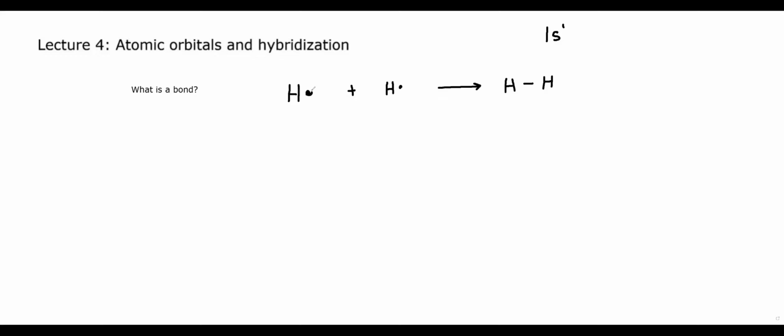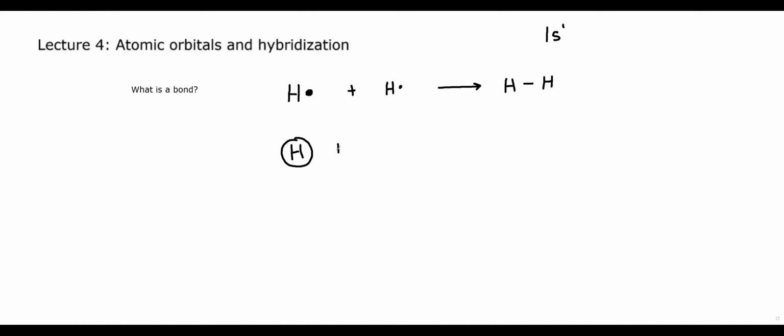So yes, there's just a dot next to an H. This isn't what it looks like though. Remember, in actuality, this electron can be anywhere around this H in the 1s orbital, right? That electron can exist anywhere in that 1s orbital around the nucleus or around that proton of hydrogen.